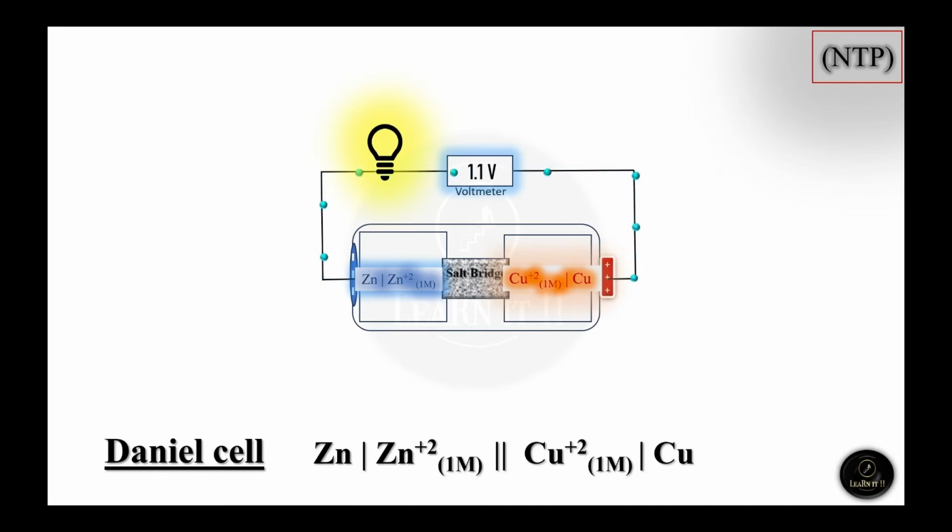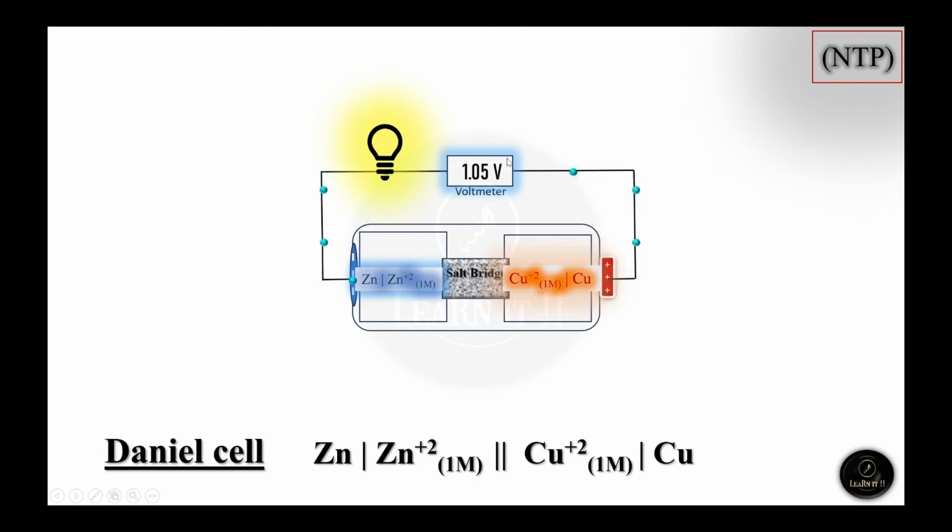As time passes, the electrode reactions take place and the EMF is converted into cell potential. 1.1 volt was the EMF, but 1.05 volt is the cell potential.